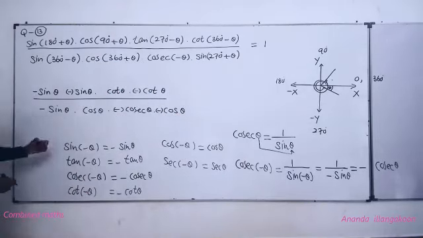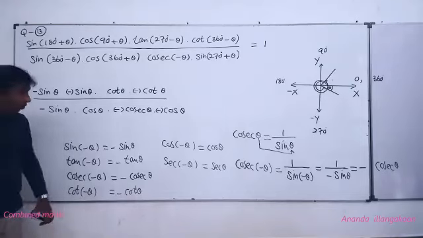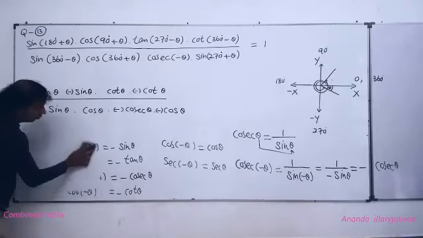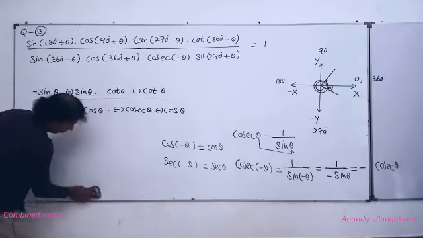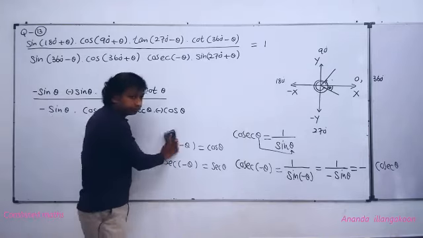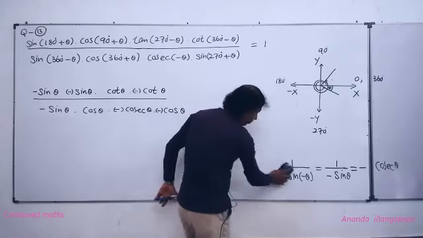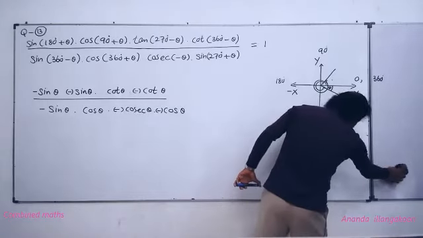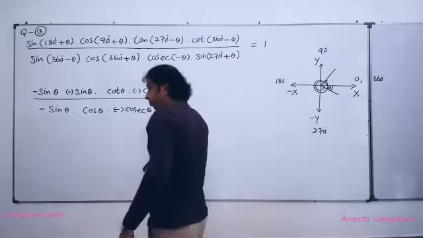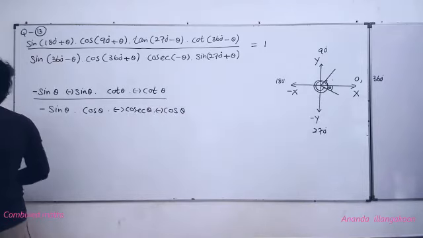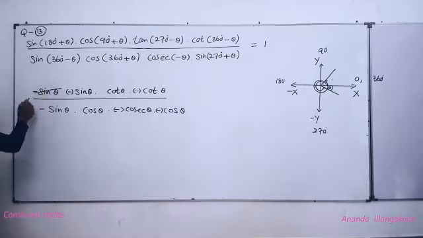Now we have to simplify this. We'll see how to simplify this. Then this minus sine theta and this minus sine theta we can cancel down. We get 1 by 1.